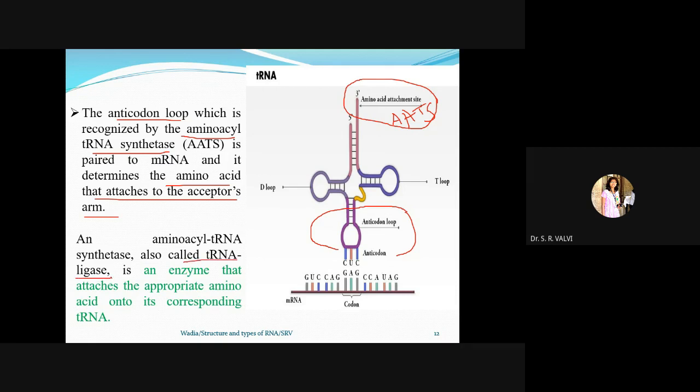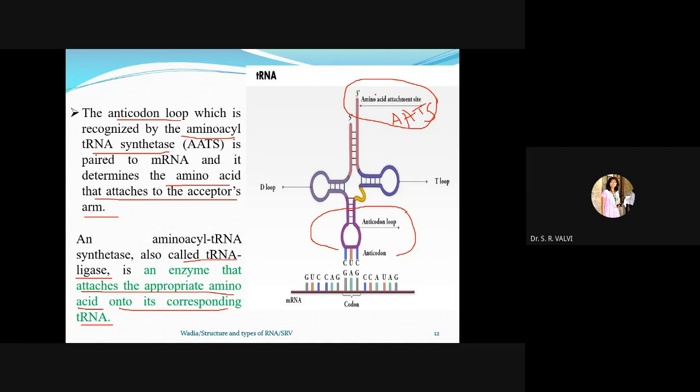Wherever you see the word ligase, ligase means just like a glue. It joins something. So it is an enzyme that attaches the appropriate amino acid onto its corresponding tRNA.